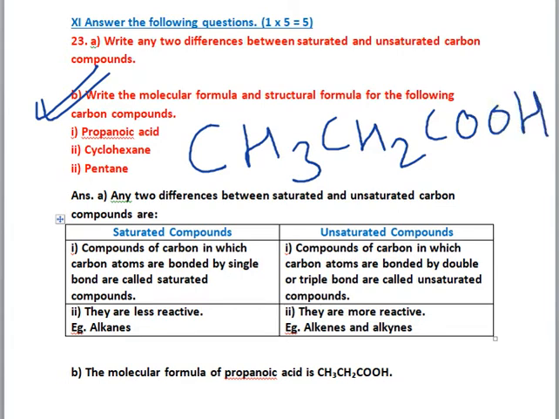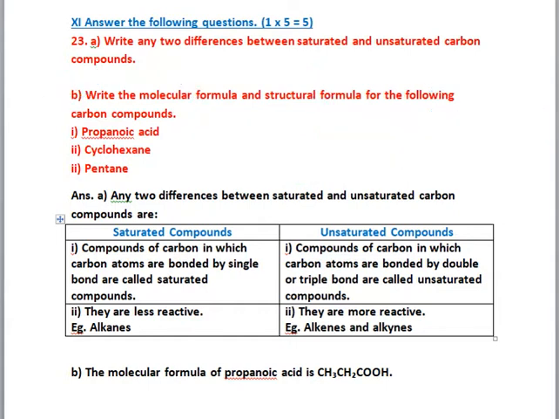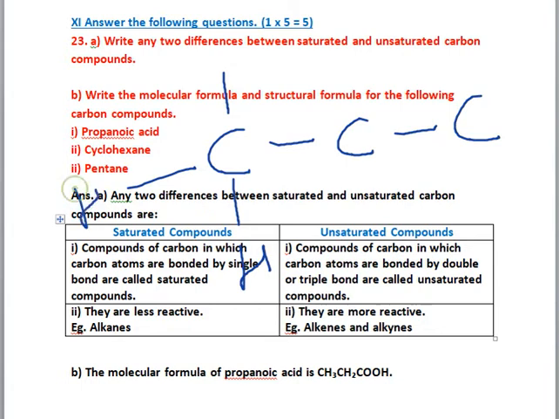We have to count the carbon atom from here. 1, 2, 3 carbon atoms are there, and so it is propanoic acid. Now we have to write its structural formula. The structural formula is also very easy. You have to draw the 3 carbon atoms, 3 hydrogen, like this, 1, 2, 3, and with second carbon, how many hydrogens were there? 2 hydrogen.